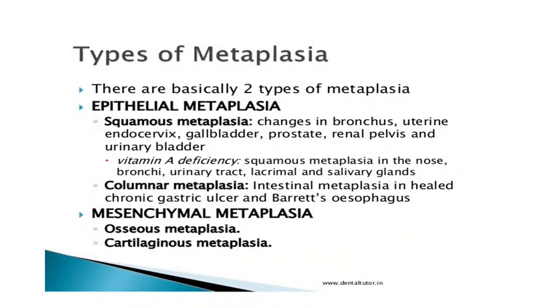So let's look at types of metaplasia. We can have epithelial metaplasia and mesenchymal metaplasia. For example, squamous metaplasia. People who smoke happen to develop this squamous metaplasia, with changes in the bronchus, uterine endocervix, gallbladder, prostate, renal pelvis, and urinary bladder.